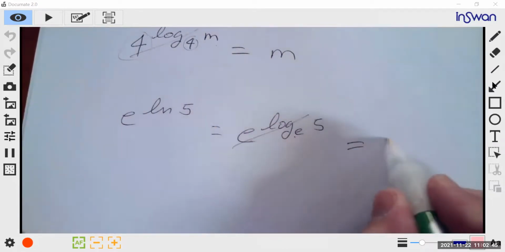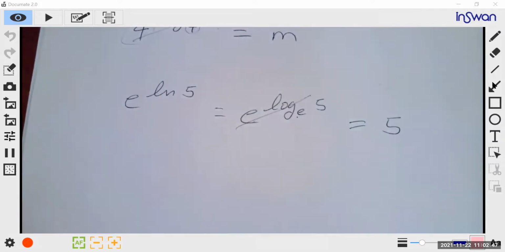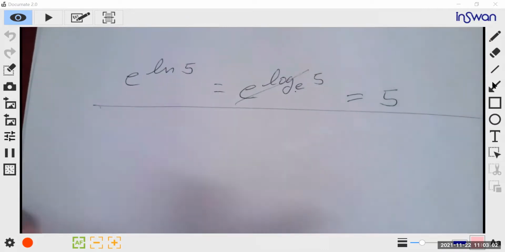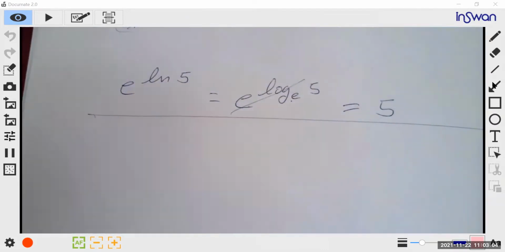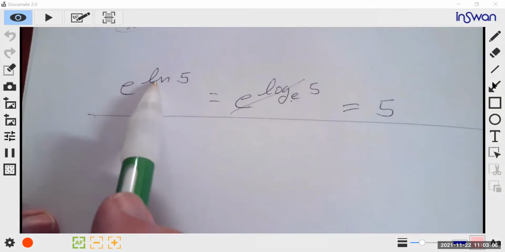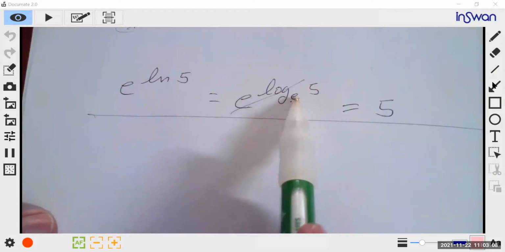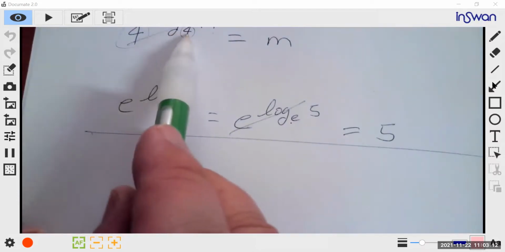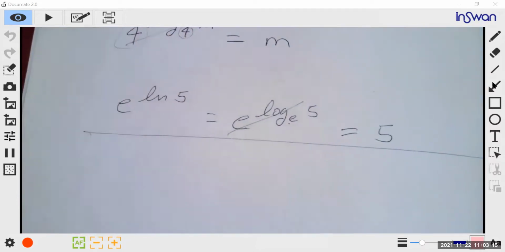They cancel, so it's just 5. That's why you have to know those 3 conditions, the formulas. If you see ln, you know it's log base E. If the bases are the same, they cancel, just that.